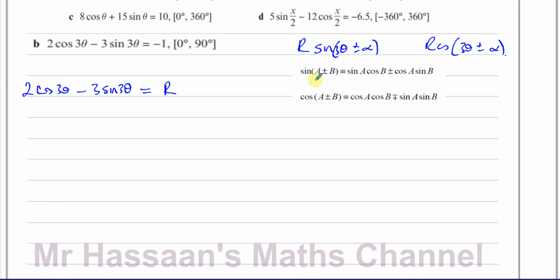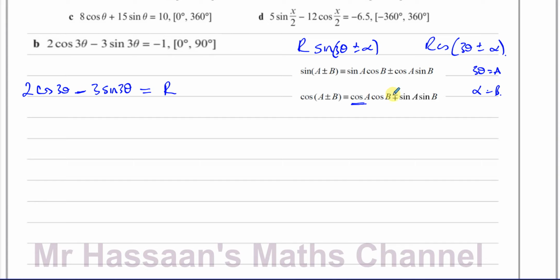So in this case, the 3 theta is going to be our A, and our alpha is going to be the B. So it should be cosine A on this side and sine A on this side. So cosine 3 theta, so it's going to be this form here: cosine A cosine B, sine A sine B. We're going to use this, but we have to have a minus between them.